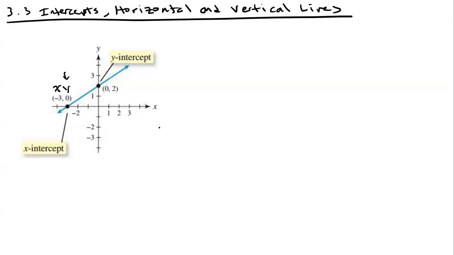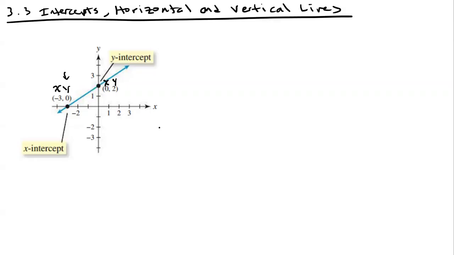It's the same thing for the y-intercept, but the opposite. In this case, they give you the value for the y-intercept, but to find it you would plug in 0 for x. So notice there's 0 here for the x value. That's how you find the x and y-intercepts.